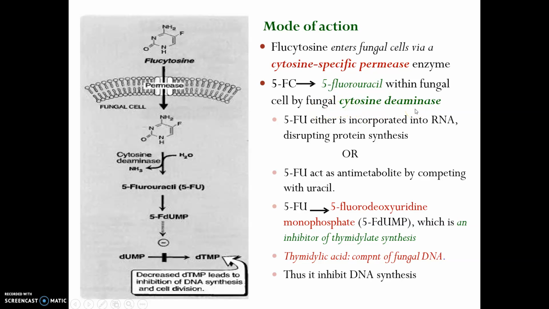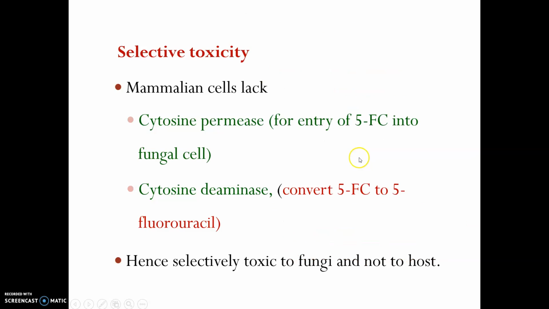This inhibits DNA synthesis by inhibiting thymidylic acid, which is a component of fungal DNA. 5-Flucytosine is also incorporated into RNA, disrupting protein synthesis. Selective toxicity: mammalian cells lack the cytosine permease, so there is no problem for mammalian cells. Hence it is selectively toxic to fungi and not to the host.